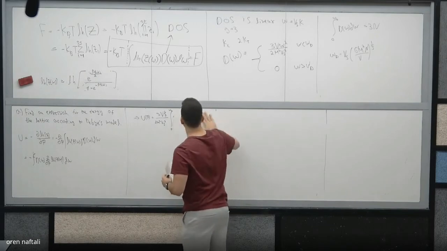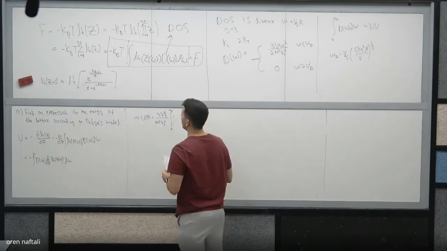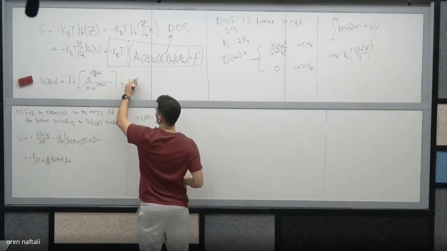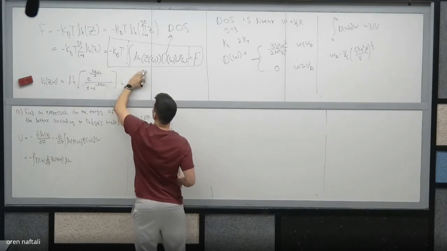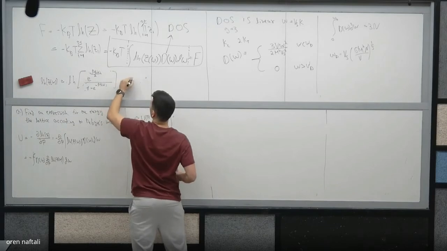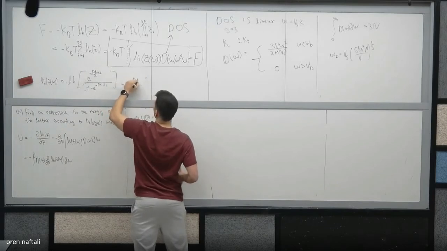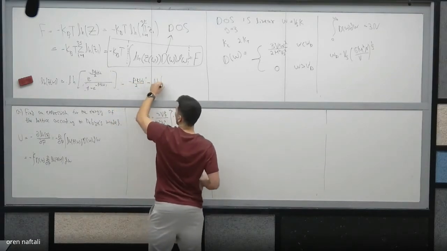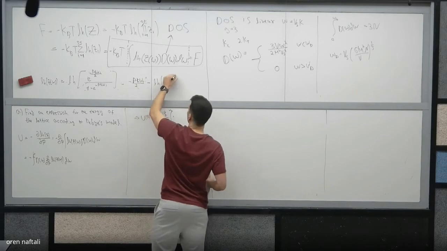Okay, let's just take the derivative. So this is ln of e to the minus beta h bar omega over 2 minus ln of 1 minus.